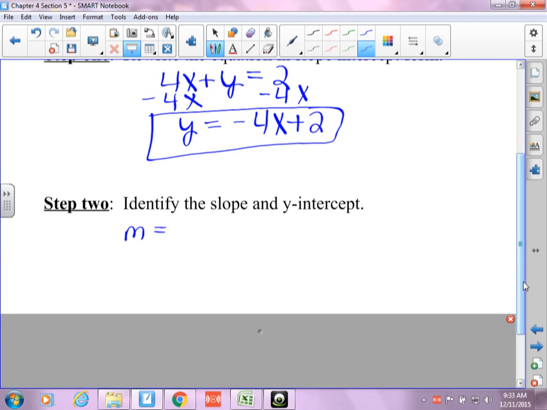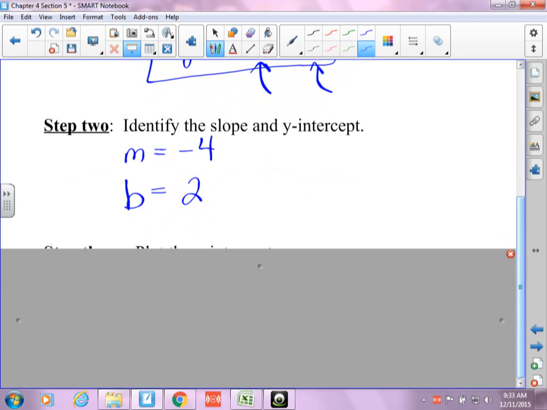It's negative 4. It's the number in front of the x. And what's my b? It is positive 2. When you do this, you're going to put the equation in slope-intercept form, say m equals, and say b equals. That's how you're going to show your work.